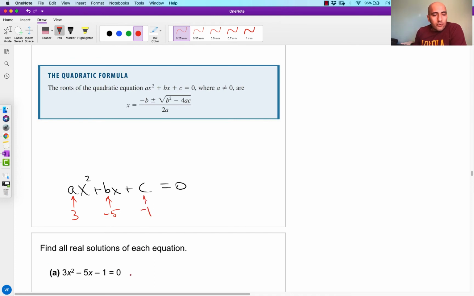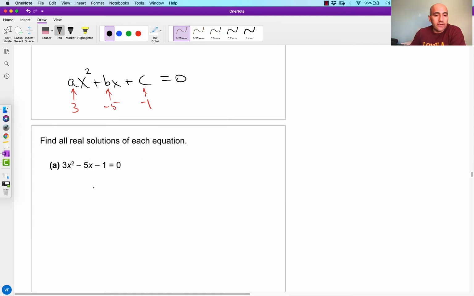So we could complete the square on this, and that will lead to the correct answer. But we've already solved this in general for any value of a, b, and c, and we have a formula, so we could just apply our formula and get our result.